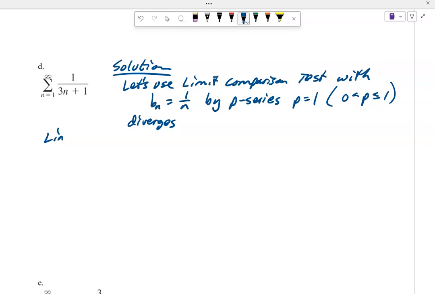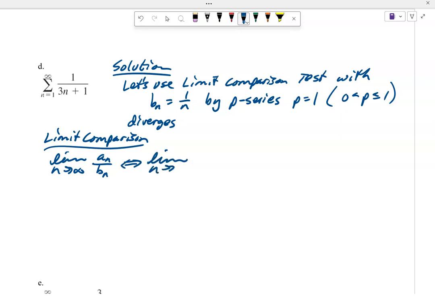So if we use the limit comparison now with that, we run the limit as n goes to infinity of the original over that comparison one. We'll have the limit as n goes to infinity of 1 over 3n plus 1, all over 1 over n.